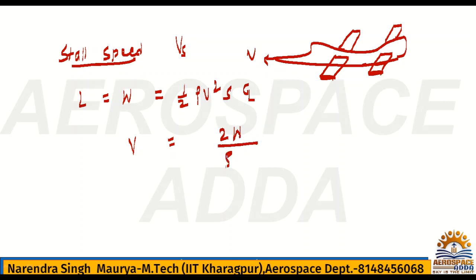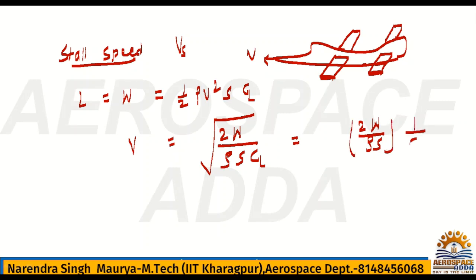V equals the root of 2W divided by rho S into CL. Here you can write 2W by rho S in root, times 1 by CL.